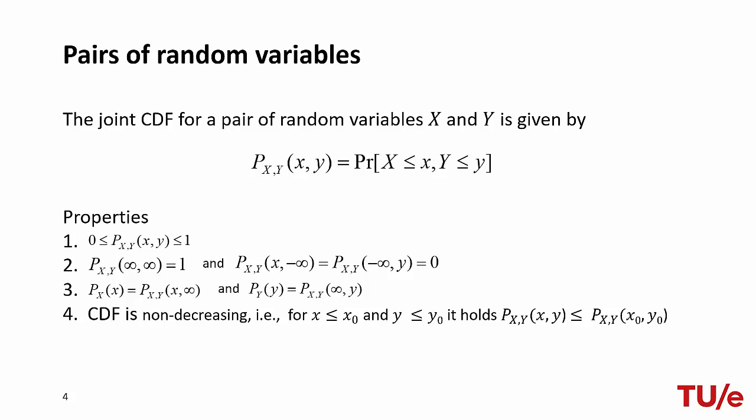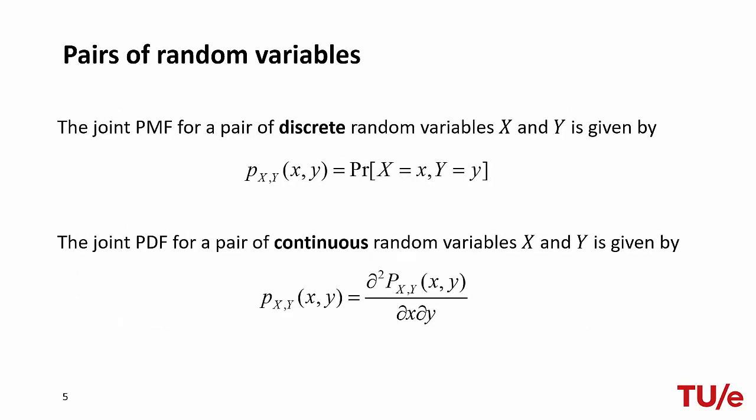Given two random variables x and y, the joint CDF is given by the probability of x being smaller or equal to any x in the range and y being smaller or equal to any y in the range. Also, the joint CDF has properties that derive directly from the probability axioms. These are discussed in more detail in the read.